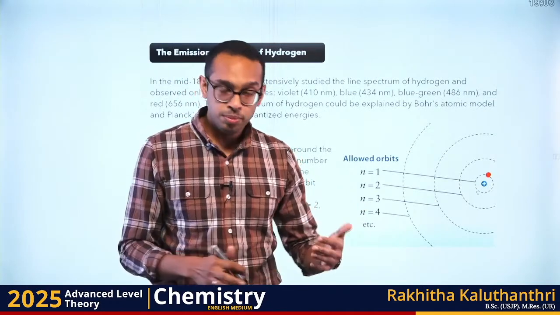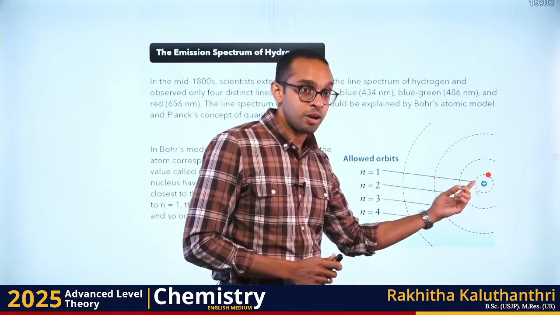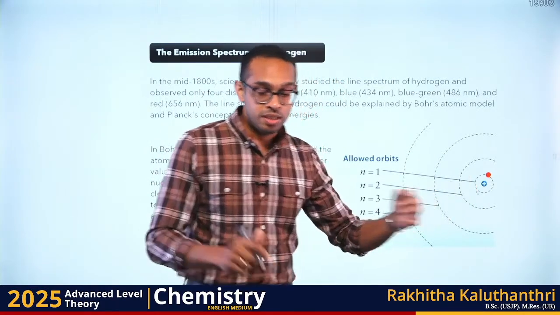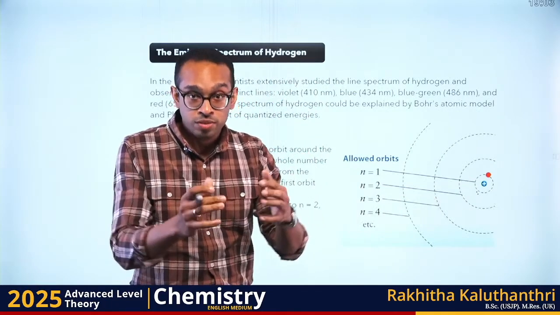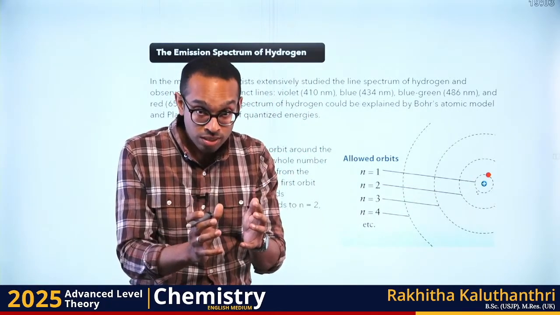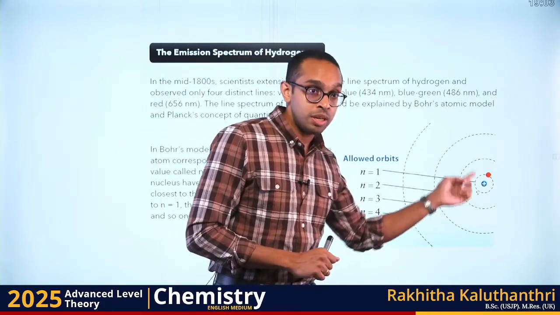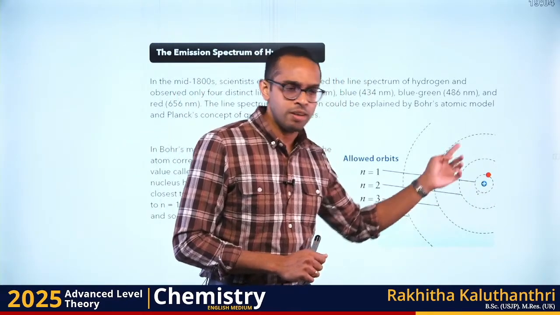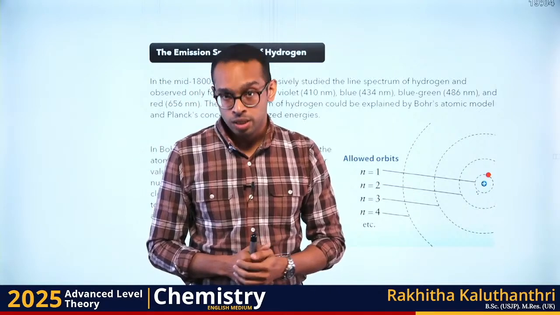So similarly, when you're talking about energy levels that are closer to the nucleus, the electrons in those energy levels are going to be strongly attracted to the nucleus. So therefore, electrons that are in these energy levels will have a small amount of energy and therefore will be more stable.